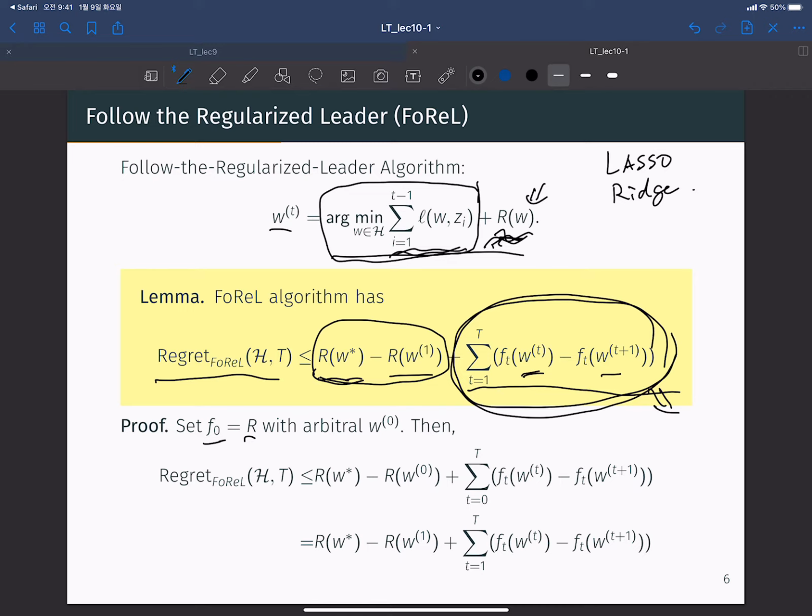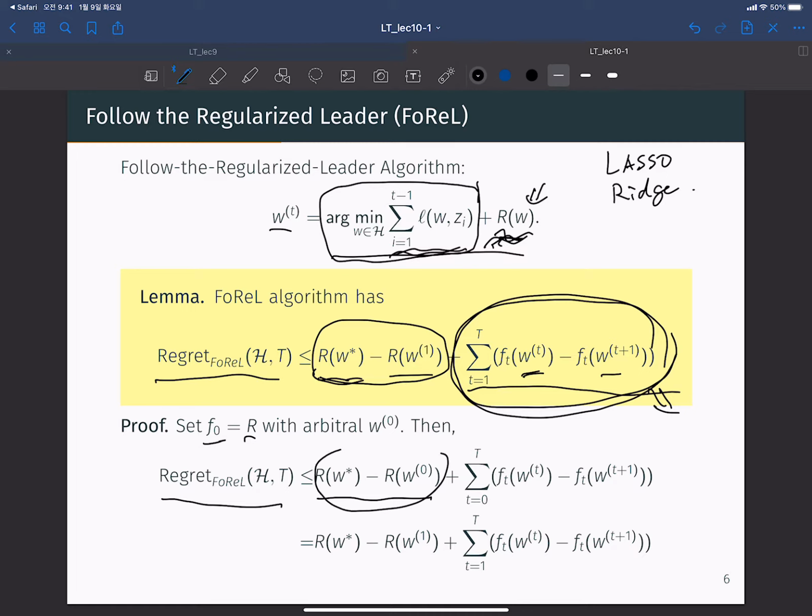Then from the previous lemma, previous result, we have that the regret of f_t is upper bounded by R(w*) minus R(w_0) plus the summation from t=0 to capital T of f_t(w_t) minus f_t(w_{t+1}).